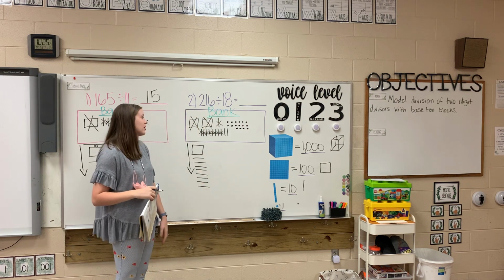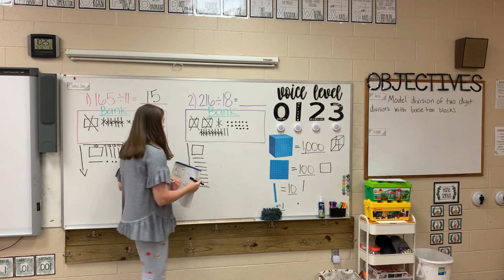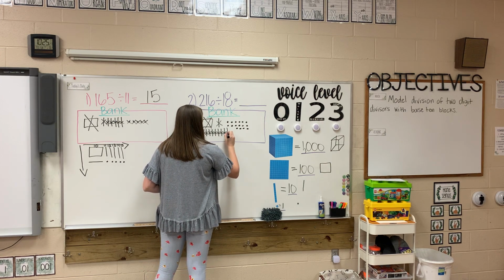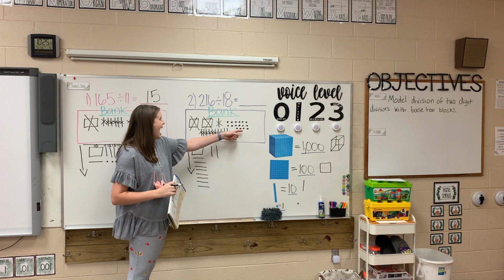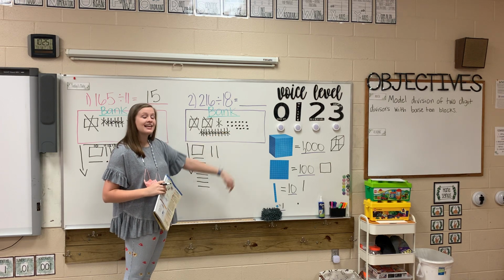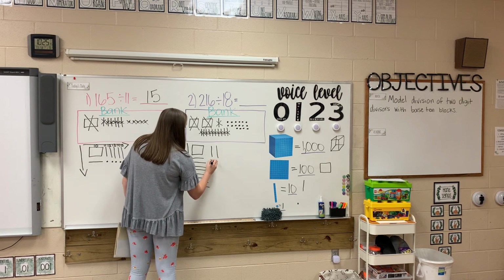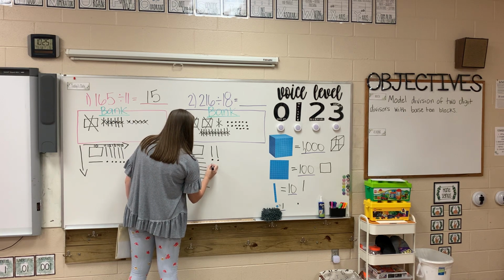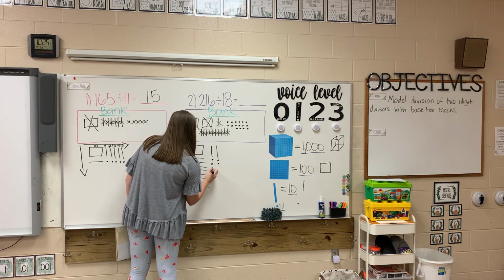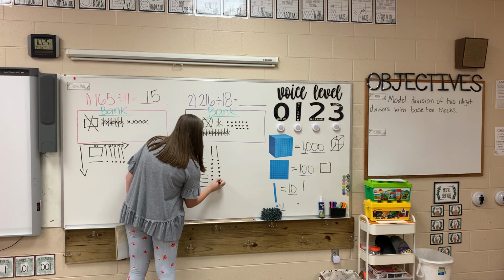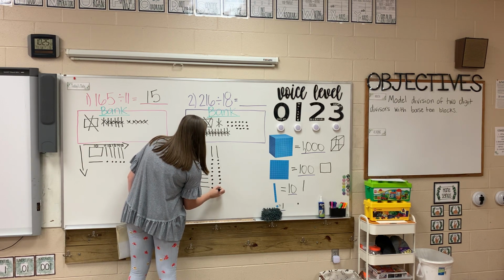Now let's try to finish our picture. I have 2 longs that I need to place. Use them up. Now I have 16 singles or 16 small cubes. 1, 2, 3, 4, 5, 6, 7, 8, 9, 10, 11, 12, 13, 14, 15, 16.